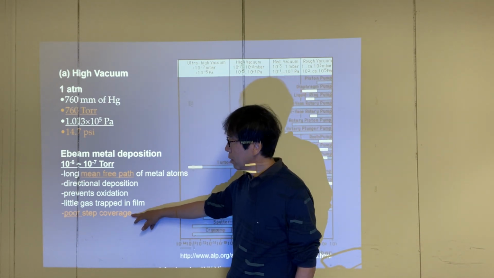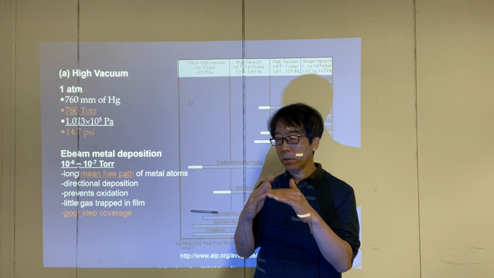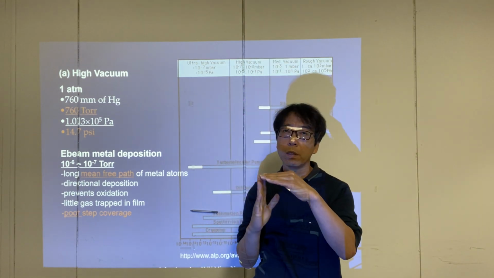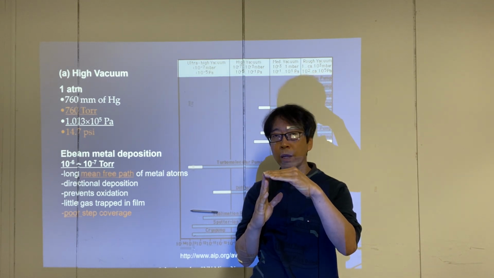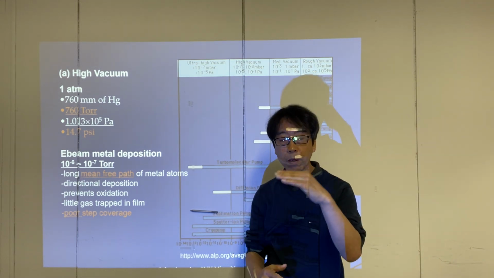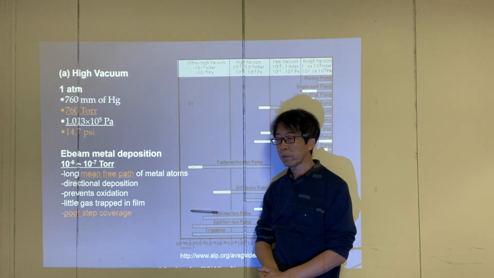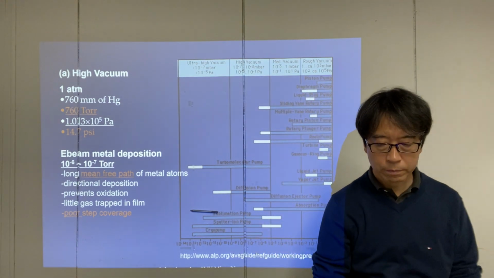Problem and advantage at the same time is poor step coverage. Well, sidewall, if you have deposition from the top, would not be covered, would not be deposited. Is that good or bad? Well, sometimes good, sometimes bad. Why is good, why is bad? I'll talk about it.